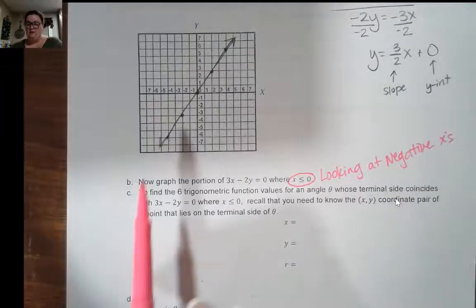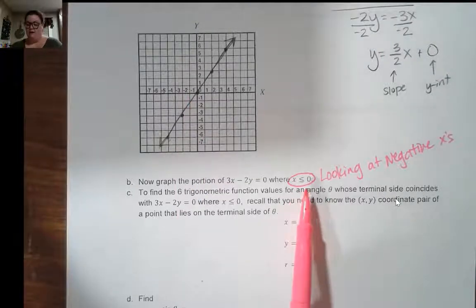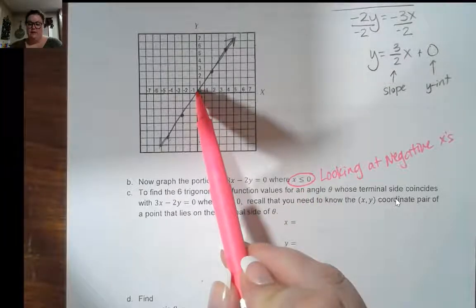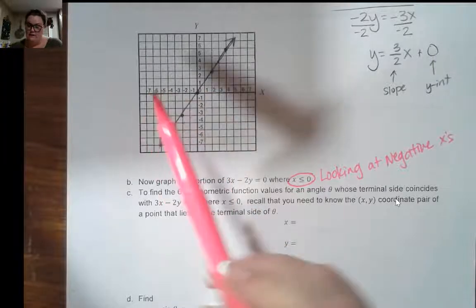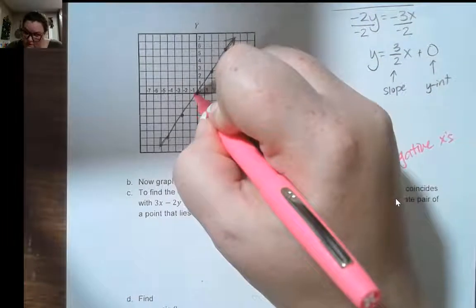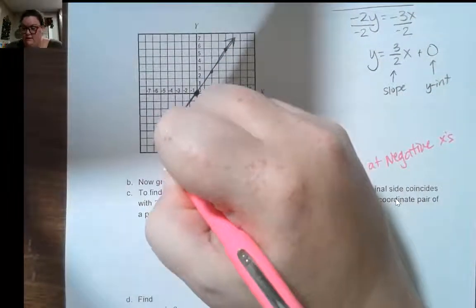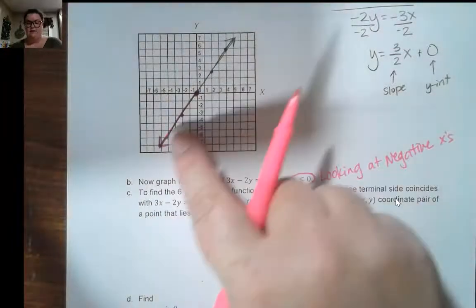If I look at this line that I just drew, and I want to only focus on where I have negative x values, well, here's where x is 0, right? And then my negative x values are in this direction. So that means I'm only looking from this point at 0 down this side of the line. Okay? Because this is where I have negative x's.